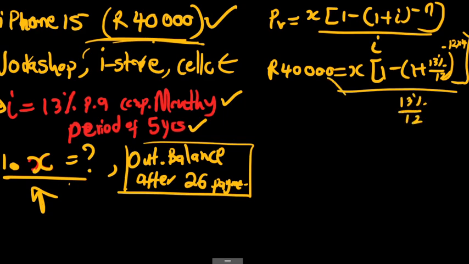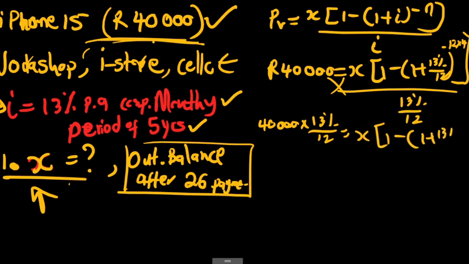Then you cross multiply, you're going to get 40,000 times 13% over 12 equals x times (1 minus (1 plus 13% over 12) to the power of minus 48), since 12 times 4 gives 48.